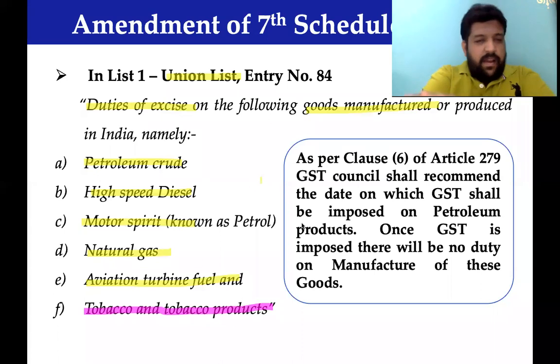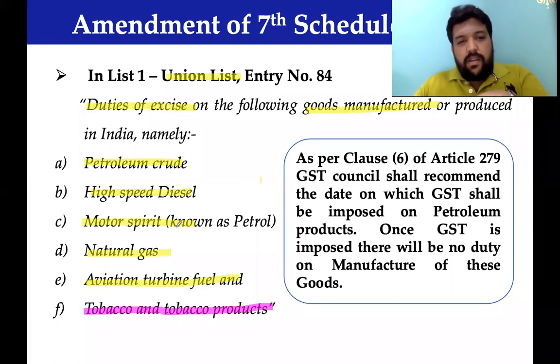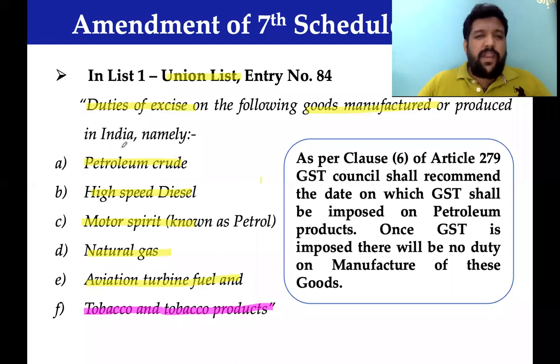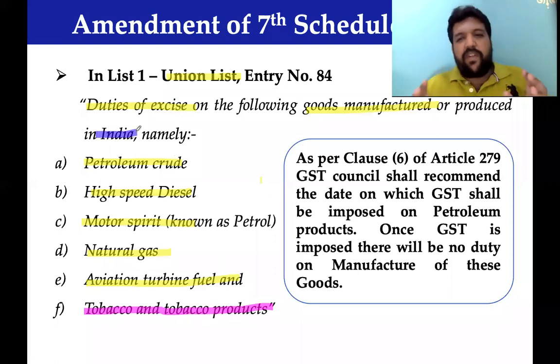Do you find the word laptop anywhere here among the 6 items? No, sir. Do you find any item here? No, sir. Then why? We are discussing the whole of India.